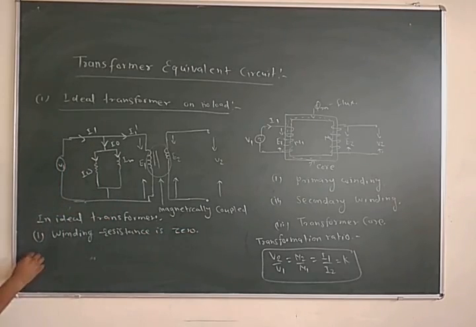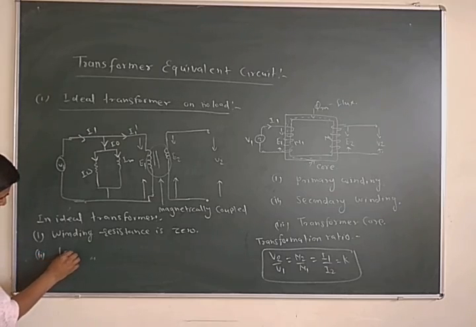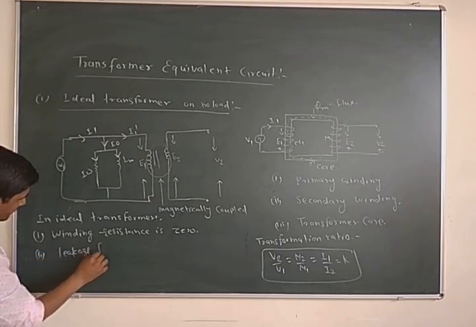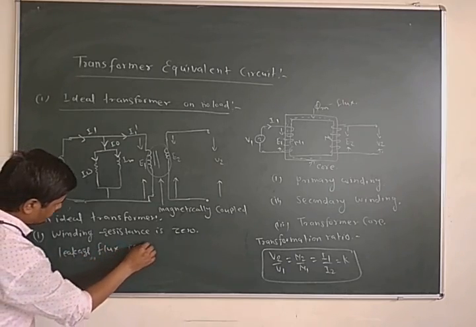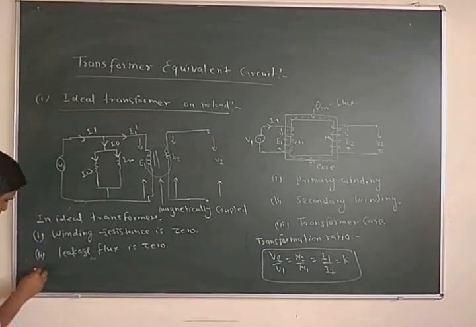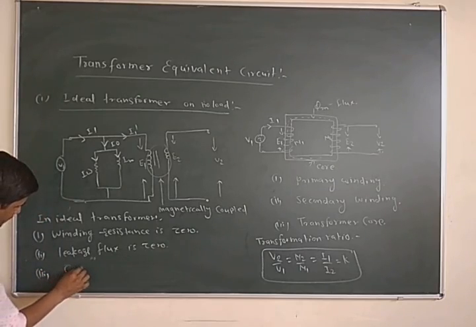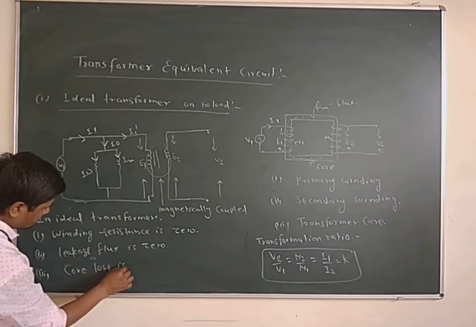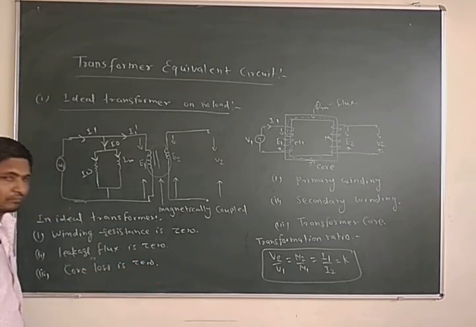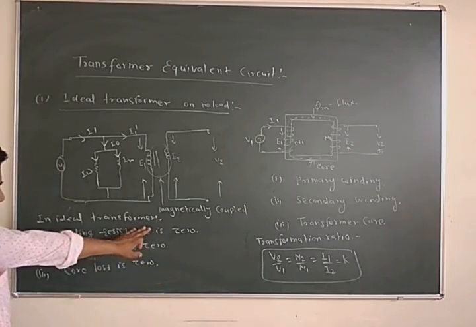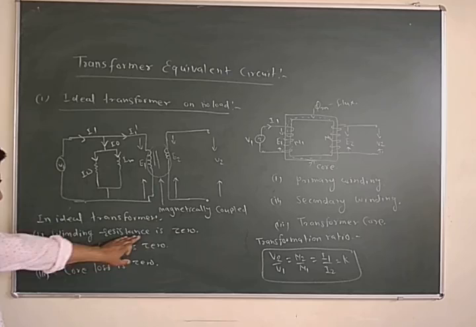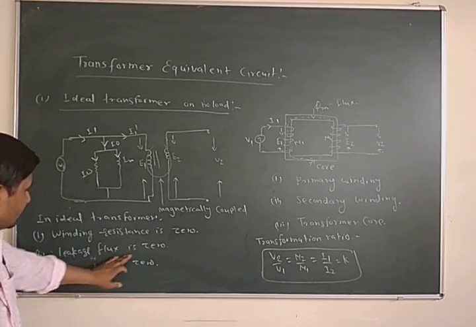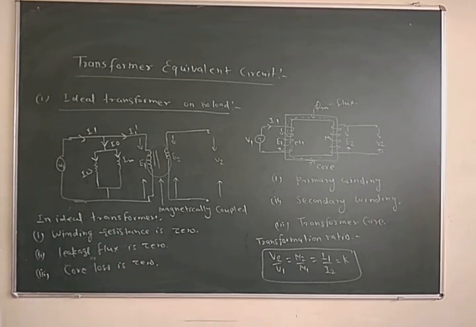Second, the leakage flux is 0, and third, the losses in the core are negligible. There are three assumptions for the ideal transformer. One is that the resistance of the winding is zero. Second is that leakage flux is zero, and the losses in the core are negligible.